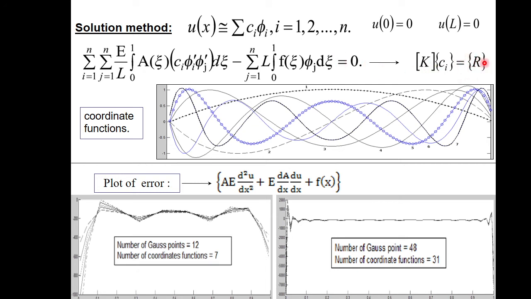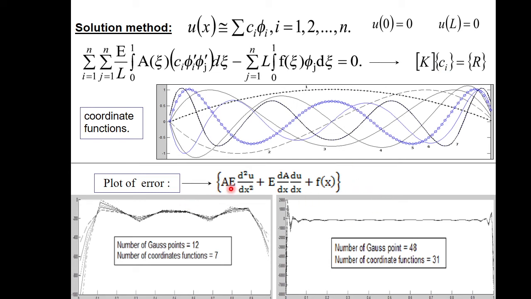But this form of matrix equation is different. In the previous example we had an eigenvalue form of matrix equation. But this is a simple form of matrix equation which we can solve again by matrix inversion, or many other numerical methods are there. Then some plots are there.